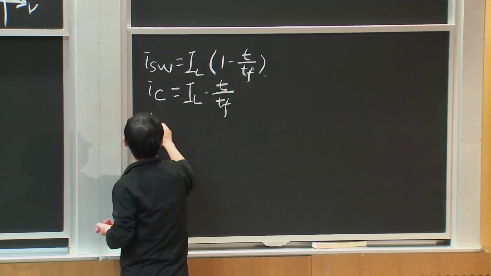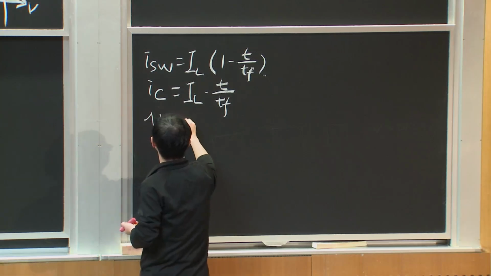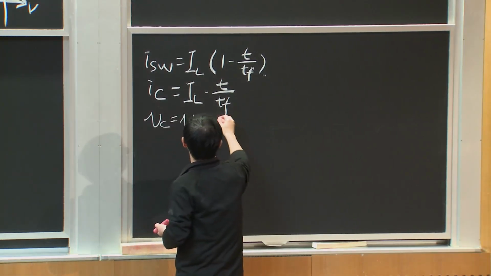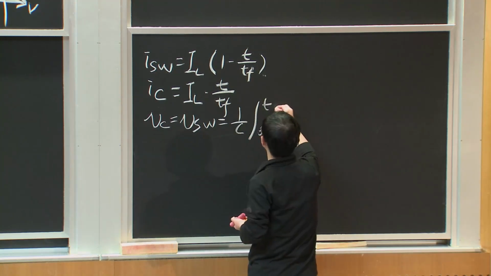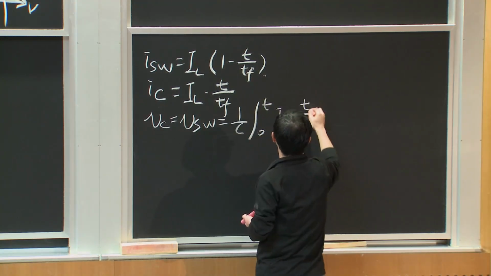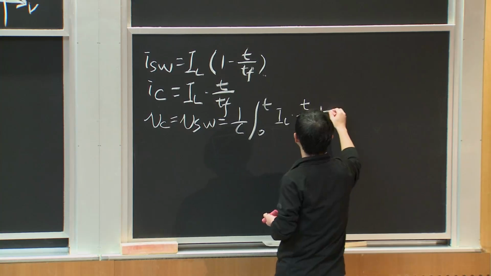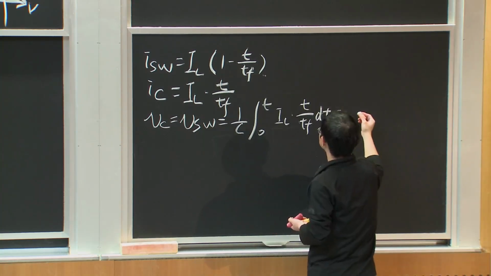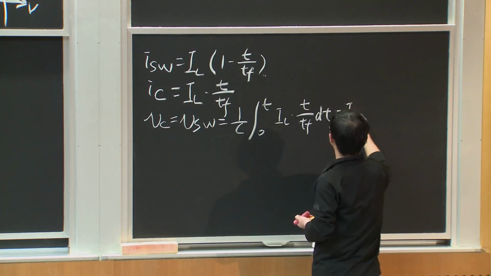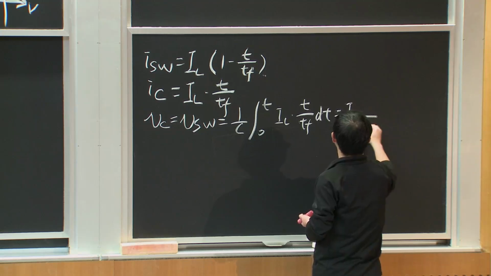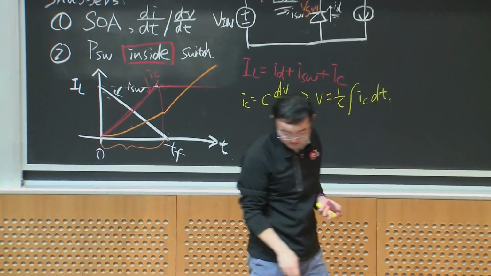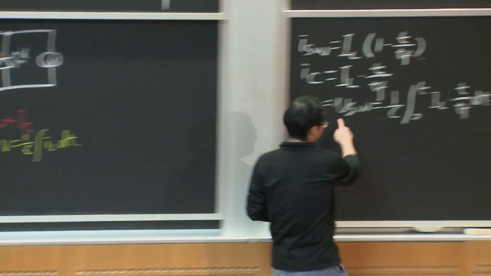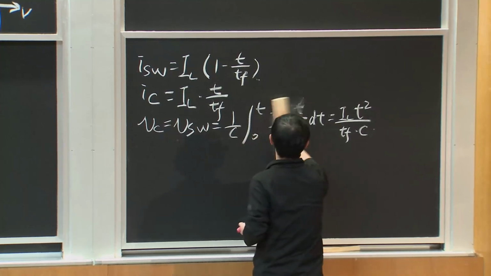And correspondingly, our capacitance voltage, which is also the switch voltage, will be the integral of this, that will be the integral of IL times t over TF dt. So that will be IL over TF times C times t squared. Let me check if I do my algebra correctly. Oh, sorry. I should plug into the switch current.